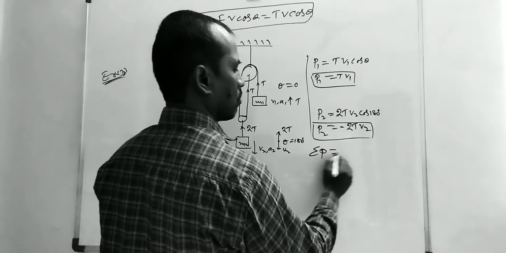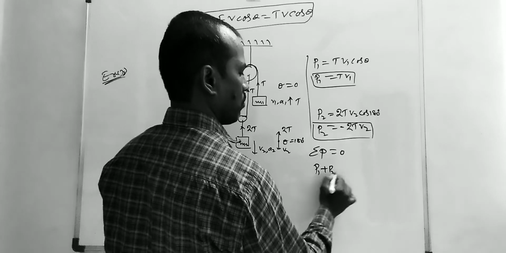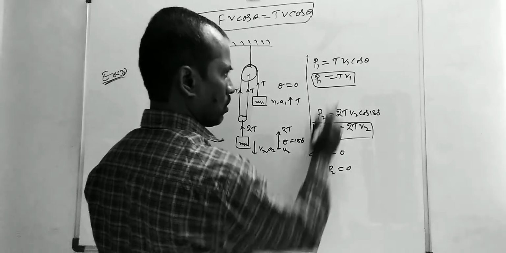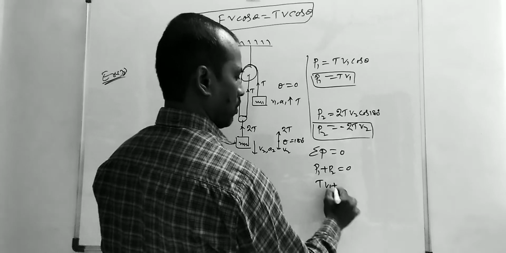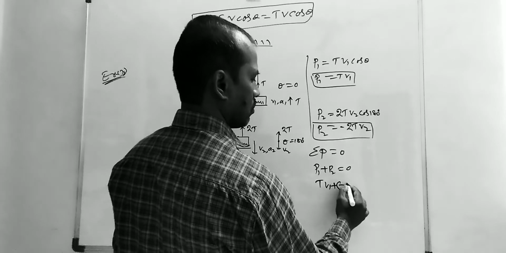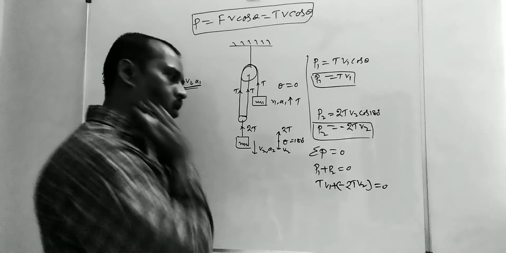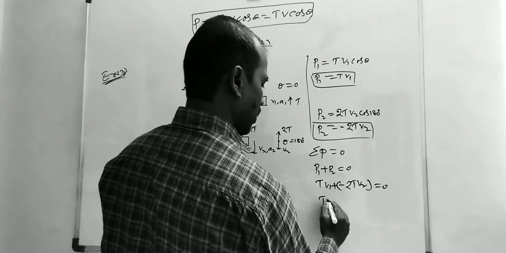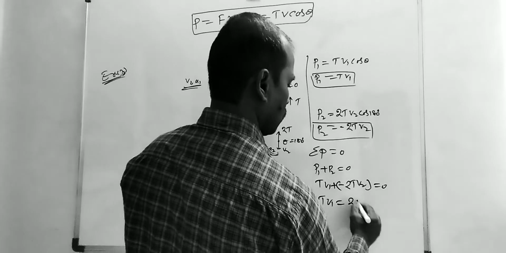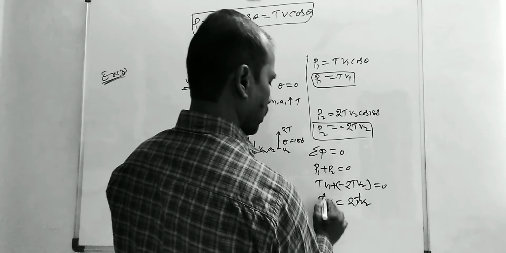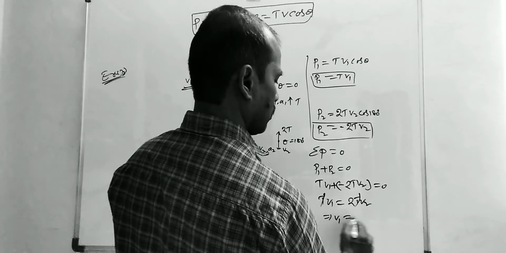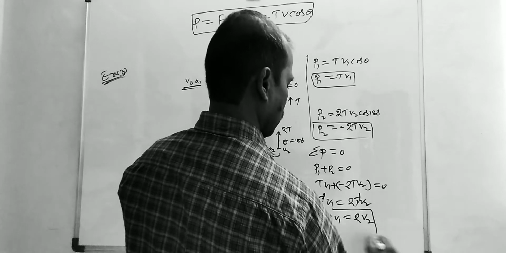The net power is equal to 0 here. P1 plus P2 is equal to 0. Substituting these two values, T V1 plus minus 2T V2 is equal to 0. Now T V1 is equal to 2T V2. T gets cancelled, which simplifies to V1 is equal to 2 V2.